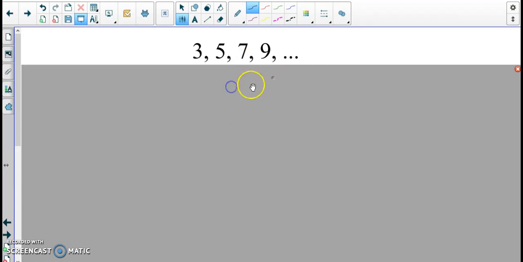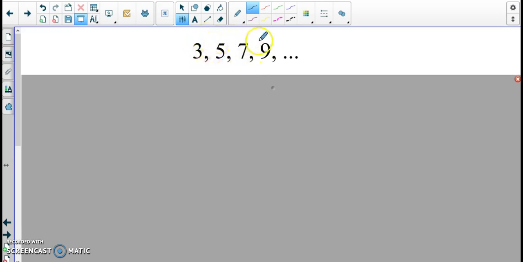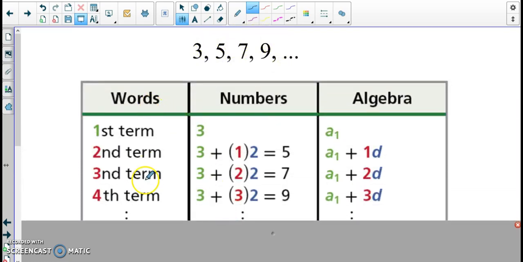So for this sequence, 3, 5, 7, 9, how we get to the next term is basically we're going to add 2, but when we add it repeatedly, that's going to involve multiplication. So first term is 3. Second term will end up being 3 plus 2 times 1. And then the third term is going to be 3 plus 2 times 2. And then the fourth term is going to be 3 plus 3 times 2 equals 9. The common difference never changes.